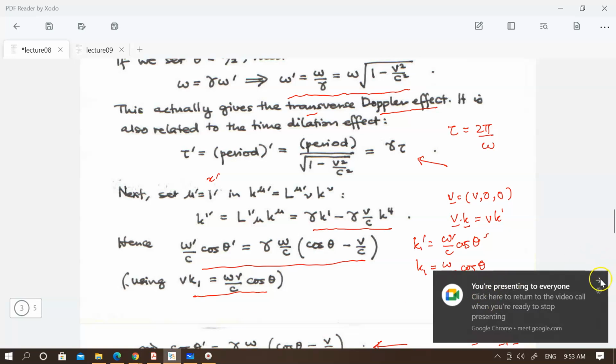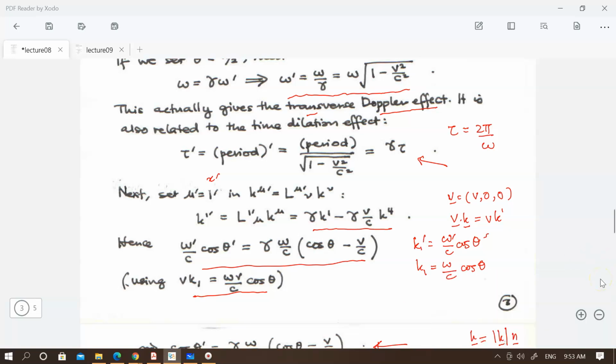So you have your k1 dash equals to that. Remember that L1 dash mu k mu will give you L1 dash 1 k1, and then the other ones are going to be trivial.